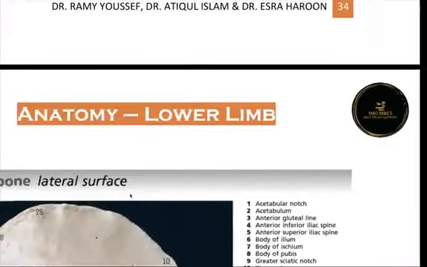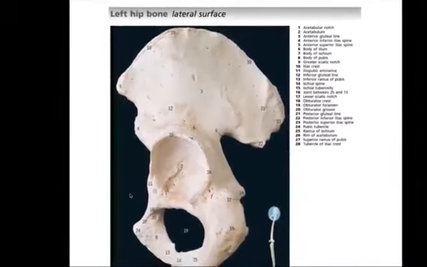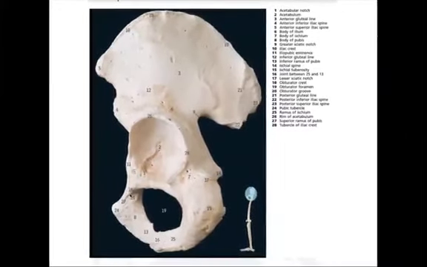All right. Next, we have to know about the hip bone. This is very simple. How can you orientate this bone? Can anyone tell me? The acetabular notch lies laterally. Yes.